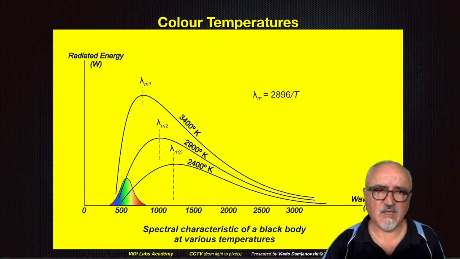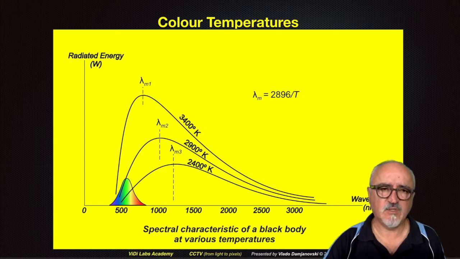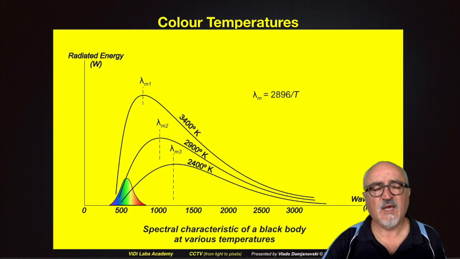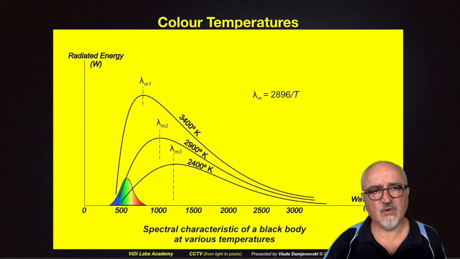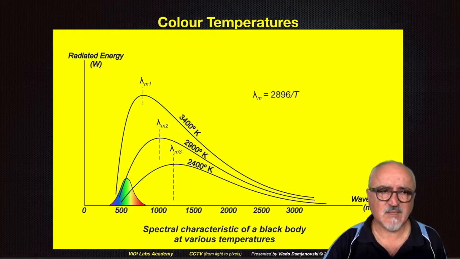This is an algorithm in the electronic processing of the image where the camera looks for the brightest part of the image and then assumes that brightest part to be white and then corrects it according to its internal lookup table that it has, knowing what are the combinations of red, green and blue components in order to produce such white. And by such a correction, a white balance correction is achieved.